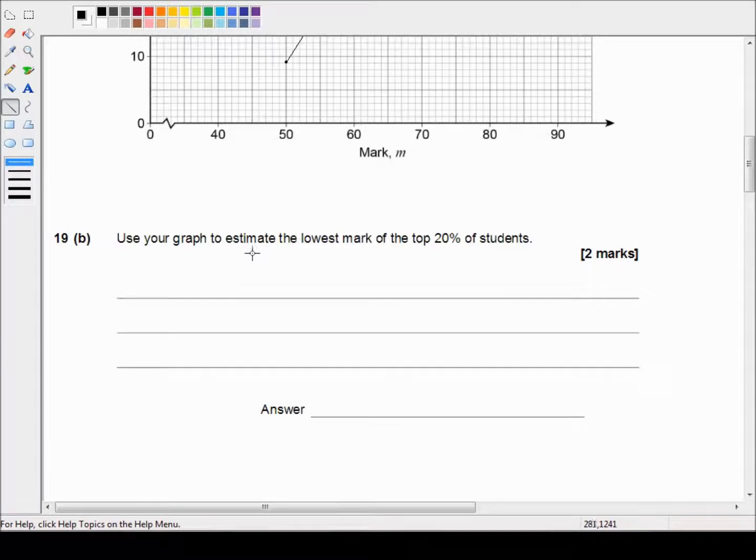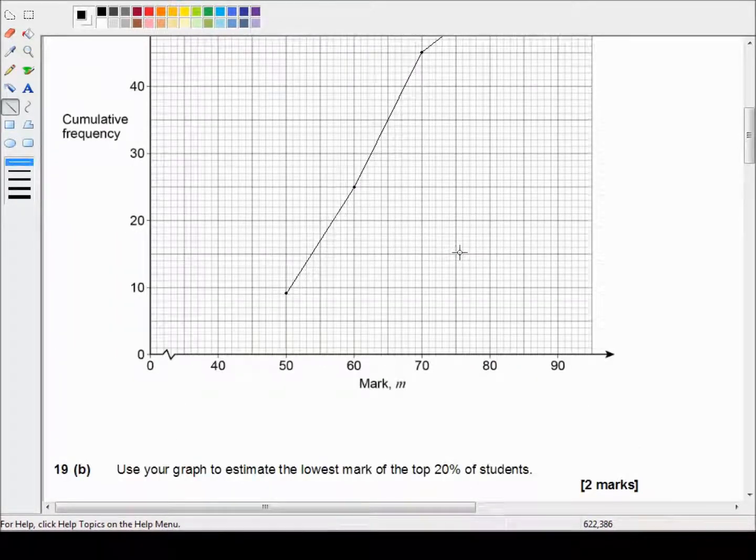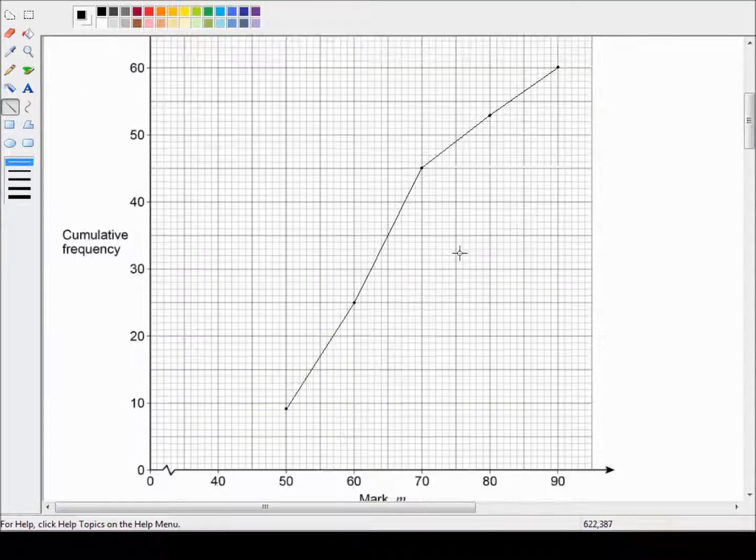It says use your graph to estimate the lowest mark of the top 20% of students. So what's the lowest possible mark for the top 20% of students?